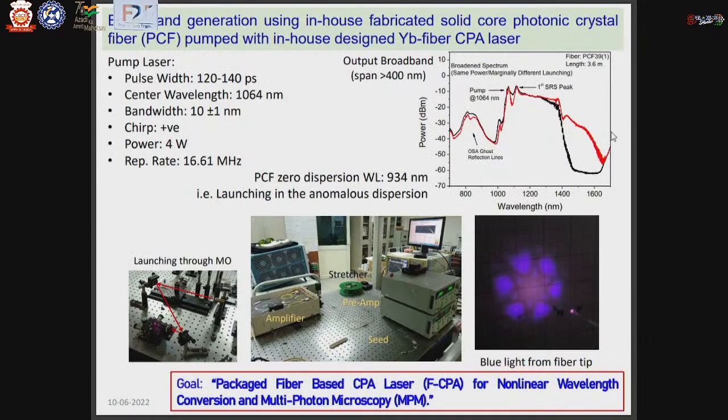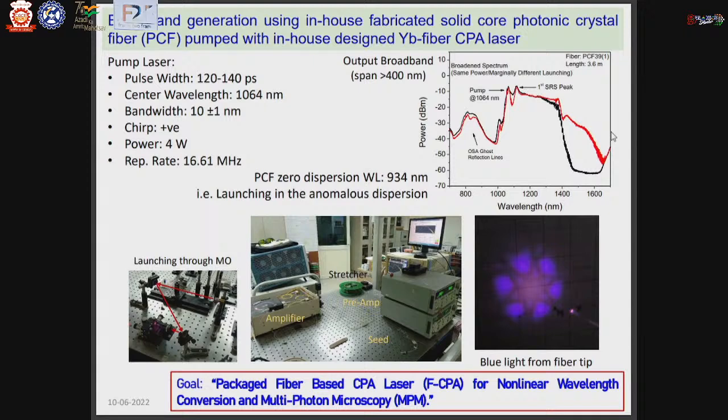Right now, as our compressor system is giving a bit of loss, we are not going into pulse compression; we are still trying to organize the compression system. We are now using the amplified pulse, which is around 140 picoseconds, to produce nonlinear wavelength conversion in photonic crystal fibers, which are again made in-house by us.